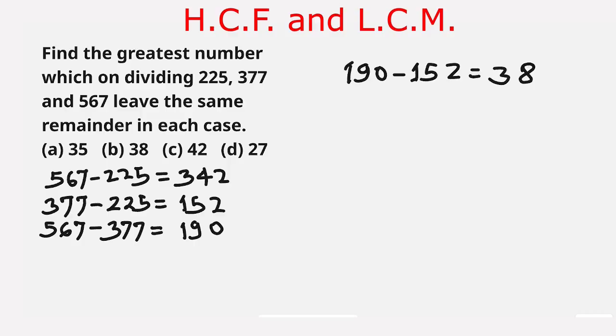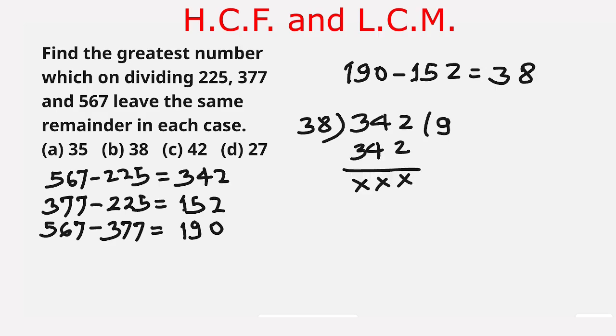It means that the HCF of 152 and 190 is 38. Now we find the HCF of 342 and 38. So we divide 342 by 38. 9 times 8 is 72. We write 2 and carry 7. 9 times 3 is 27, plus 7 is 34. And the remainder is 0. It means that 38 is the HCF of 342, 152 and 190.